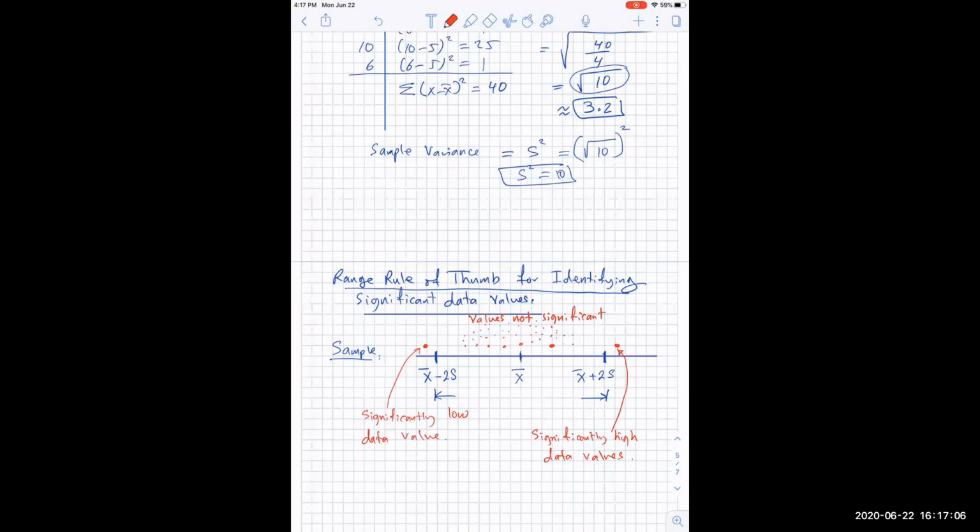All of these values are considered significant.